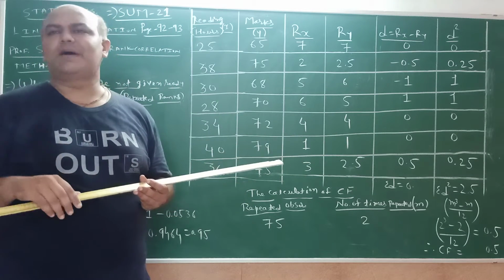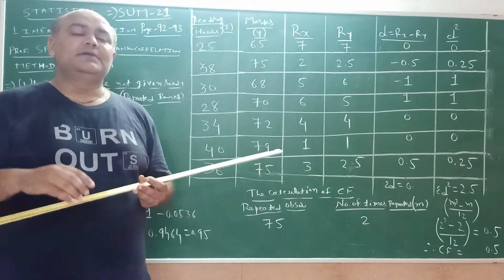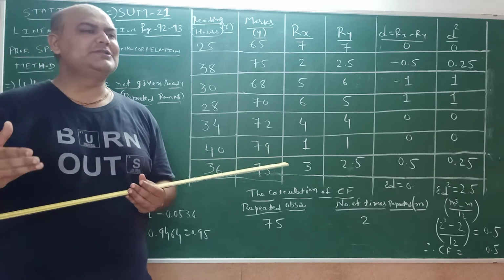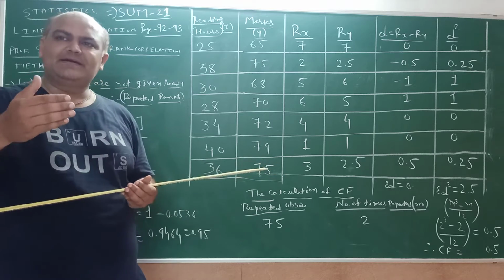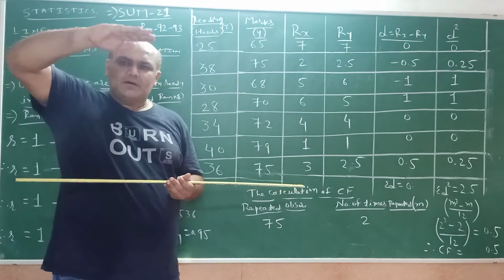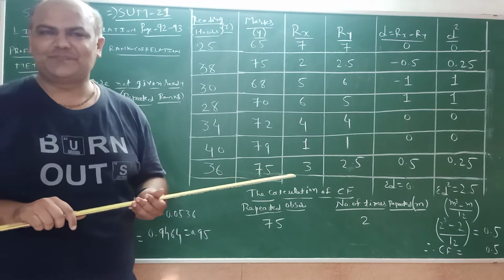Mostly they provide us marks or hours. The student who reads the maximum hours is provided first rank. After the first rank, second, third, and so on, as the reading hours reduce, we reduce the rank also.